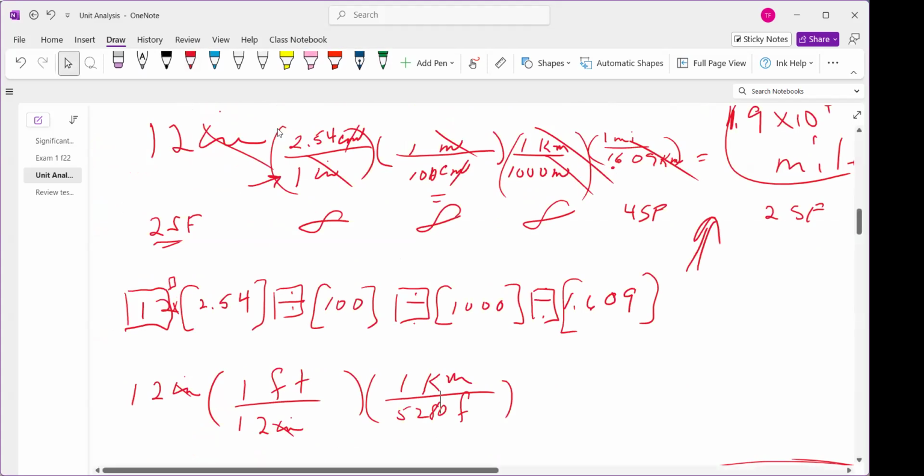Okay, so 2 sig figs, or infinite. And all these are both infinite. Okay, let's see what our answer is. Okay, so we get the same answer.